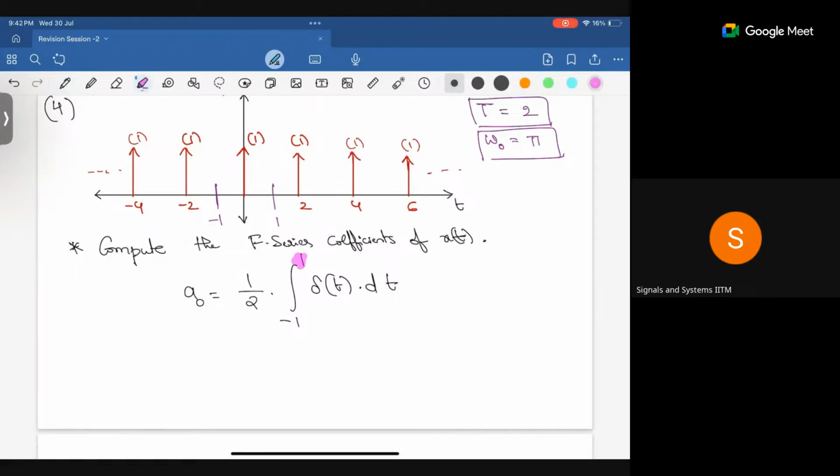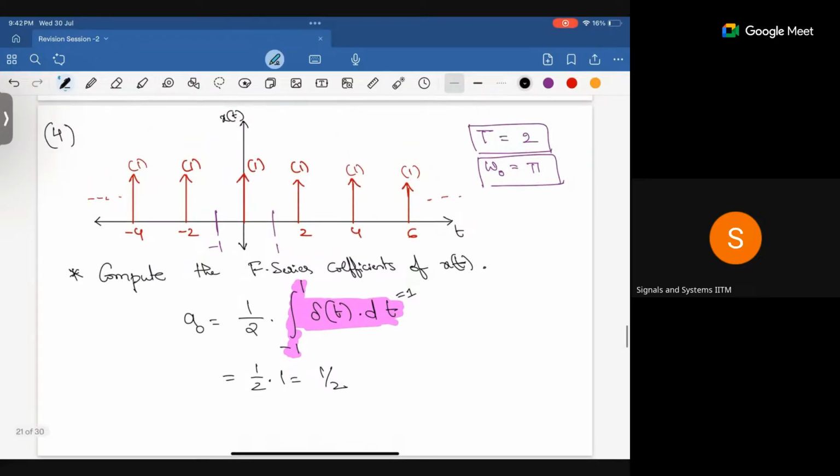We have seen this extensively in week 4. When you integrate the Dirac delta, when the impulse is within the limits, that will integrate to 1. And this will be half into 1, which is half. All right. Nice. A naught is half. What about Ak?